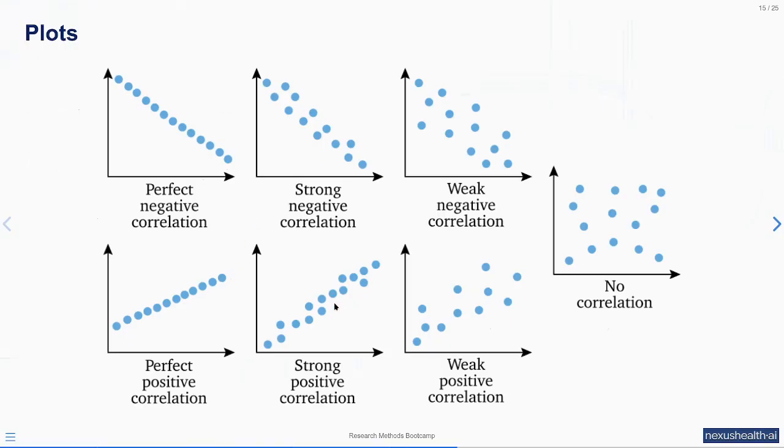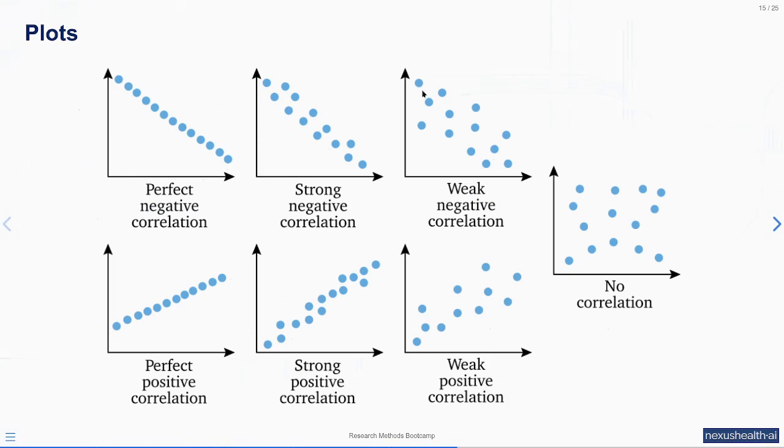How they are clustered around this straight line gives an idea of the strength of correlation. So for this strong negative correlation we find that the points are clustered around that negative descent. Similarly, for strong positive correlation, they are clustered around this positive ascent. But they do not lie on the line, they are clustered around it.